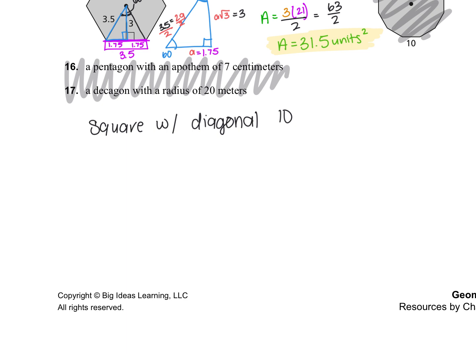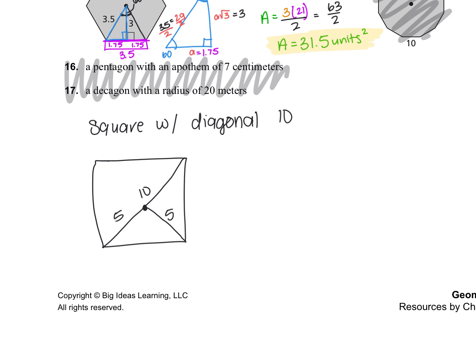So when we're looking at this, visually draw your square so you could see it. Here's your diagonal, it's 10 units. What is my radius going to be? 5. Good, 5 and 5. 10 divided by 2.